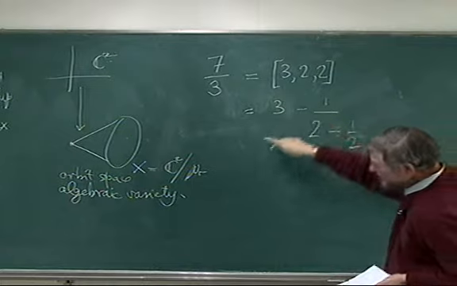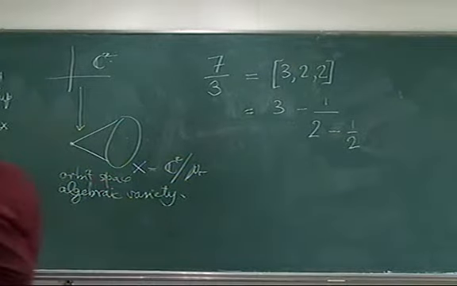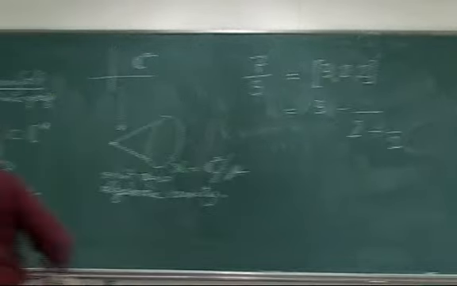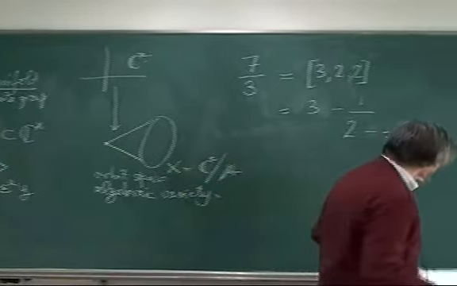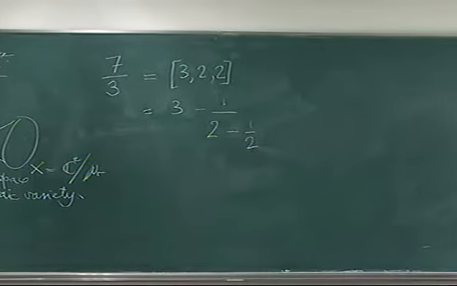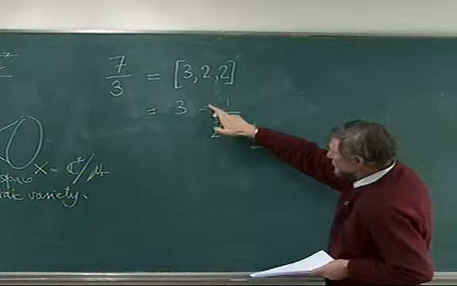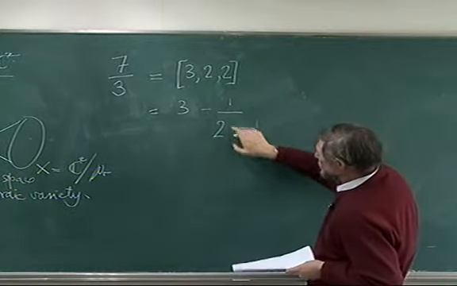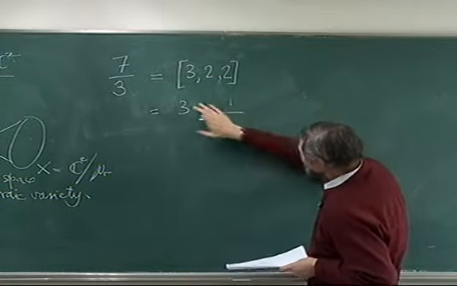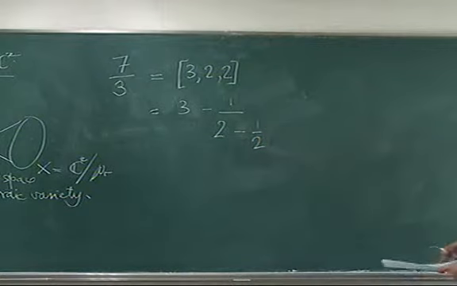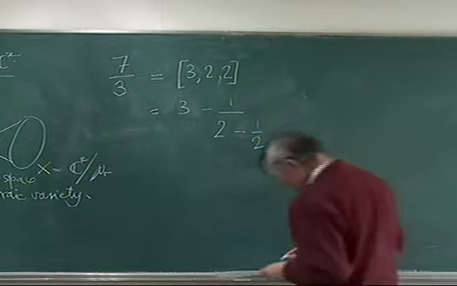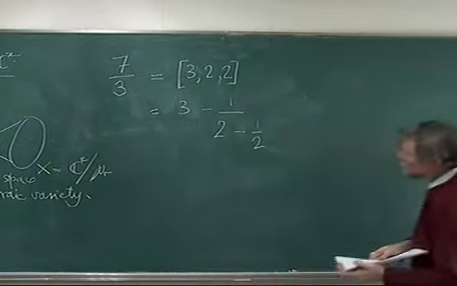In the standard theory of continued fractions, which goes back, I think, to the ancient Greeks, or ancient Egyptians or Babylonians, I don't know, you write pluses here. But it's a bit nicer to write minus, and I'm only going to use minus. Okay?